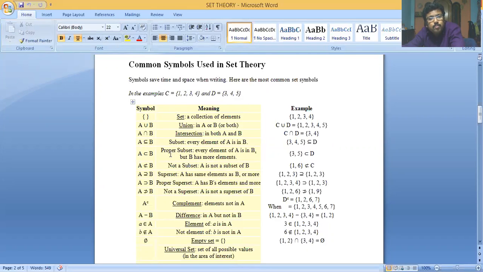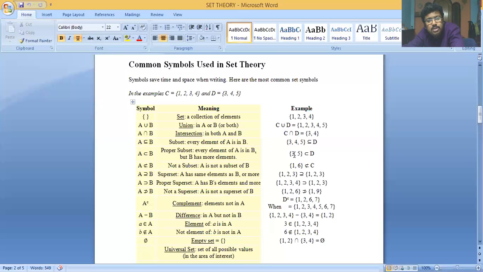Now, proper subset. This symbol represents the proper subset. Every element of A is in B, but B has more elements.